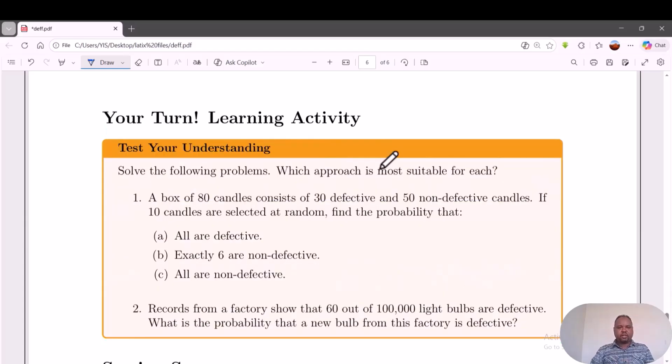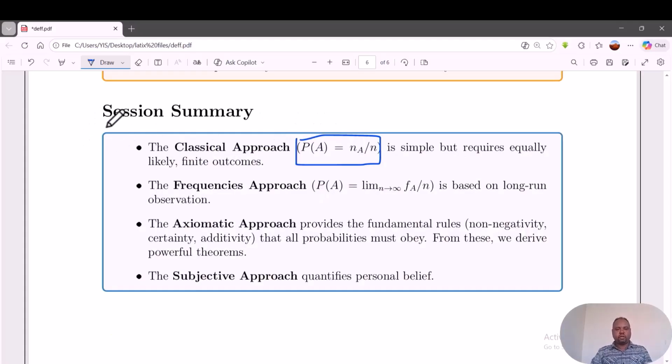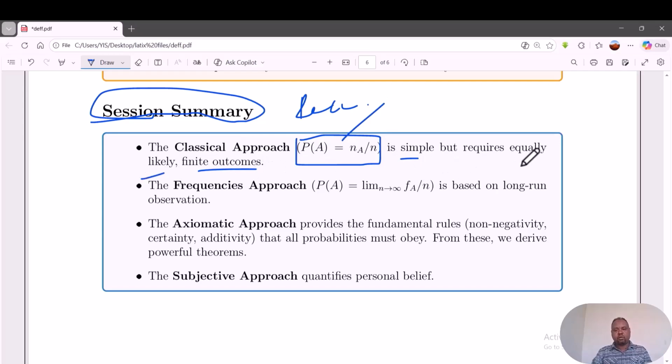To check your understanding, please try these two problems. This is the session summary or recap. The classical approach, defined by this formula, is simple but requires two things: equally likely, finite outcomes, right? The frequency approach, given by this formula, is based on long-run observation and experimentation.